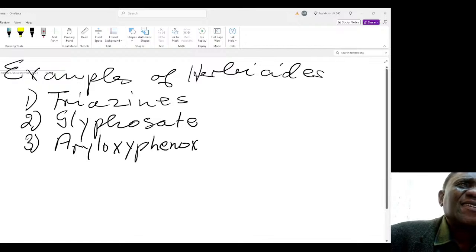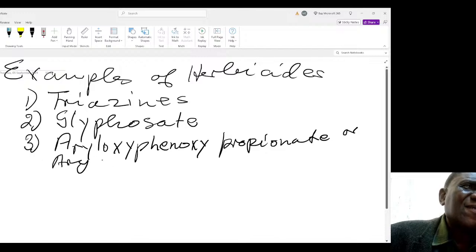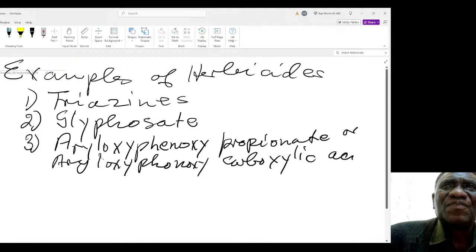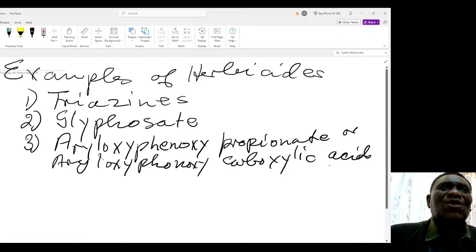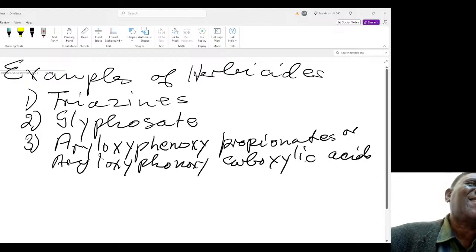Then we have what is called phenoxy propionates or phenoxy carboxylic acids. Phenoxypropionates or carboxylic acids.